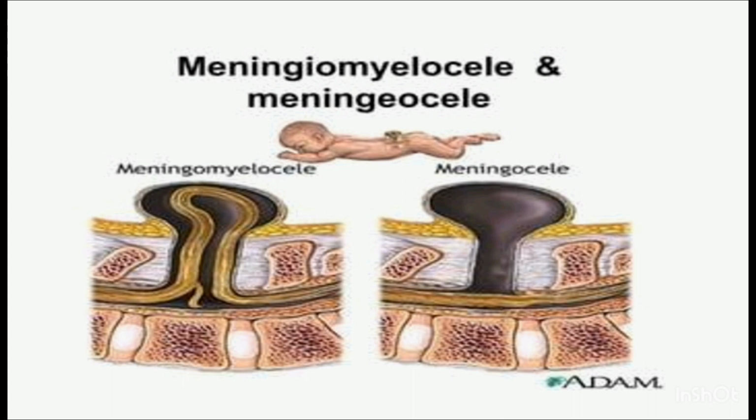In the second one, meningocele, it involves a defect of a posterior element of the spine with extrusion of meninges and CSF without the involvement of the neural elements. On the other hand, meningomyelocele involves extrusion of meninges, cerebrospinal fluid, and the neural elements such as nerves or spinal cord components.